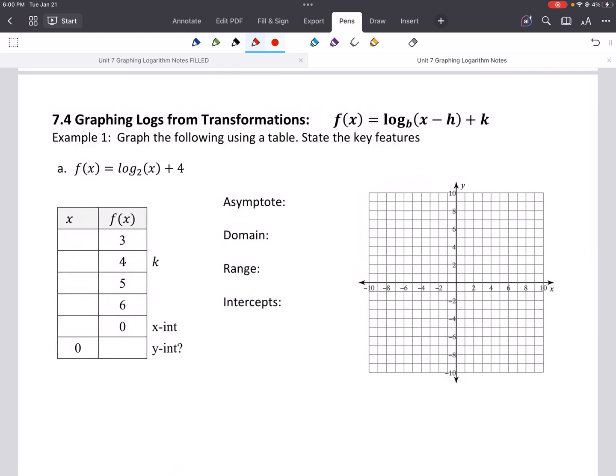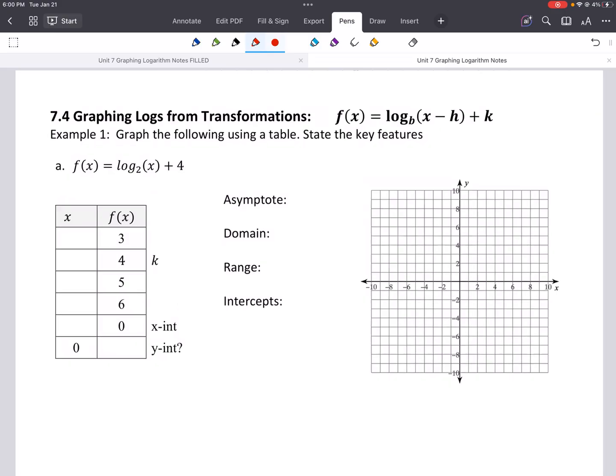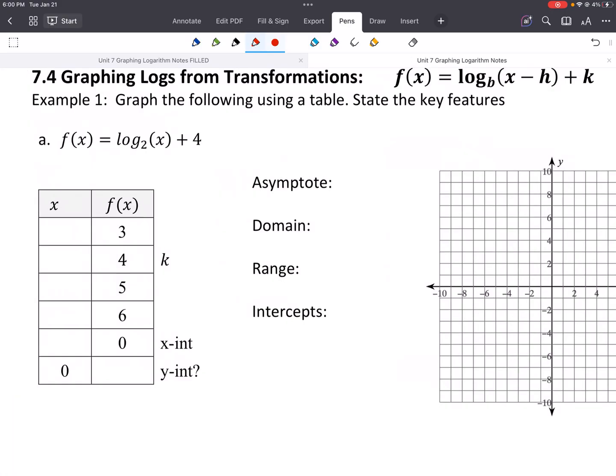I already have some of the information in our table. Again, you're going to need to come up with your table, and a little hint is it's always helpful to have our second value for our y table be our k, and then go down and then up as you go along.